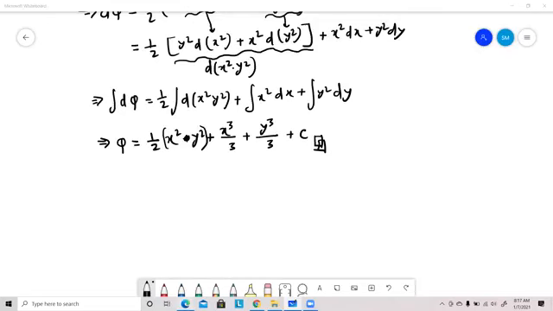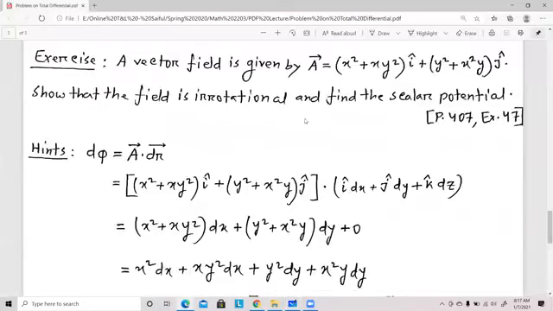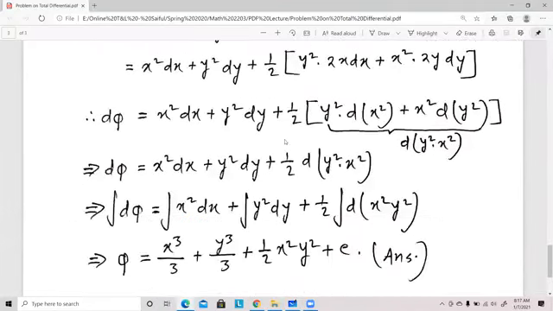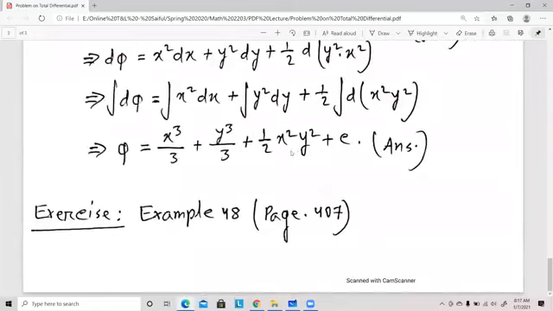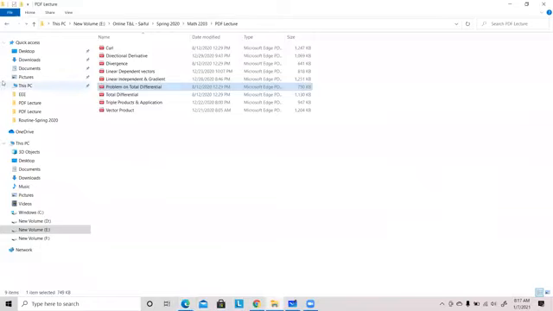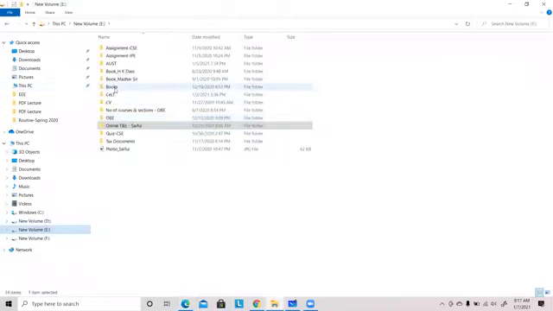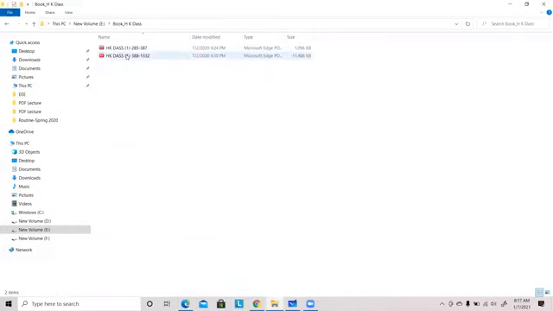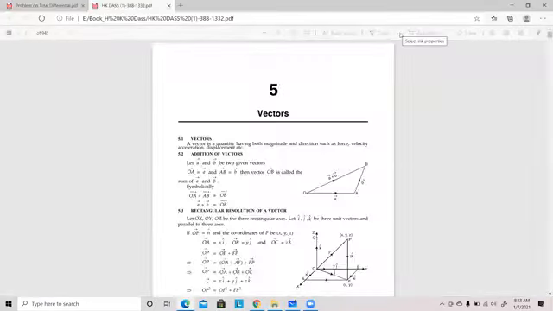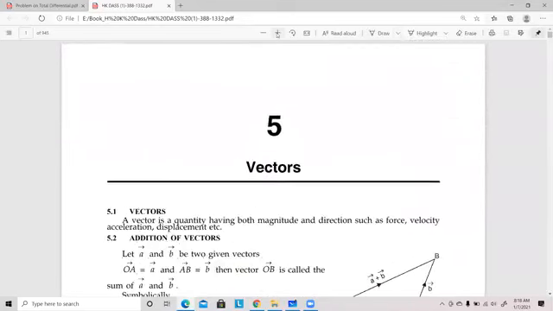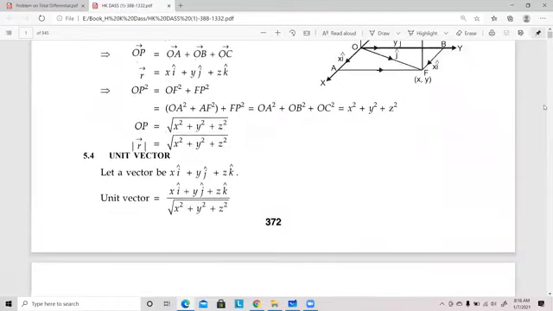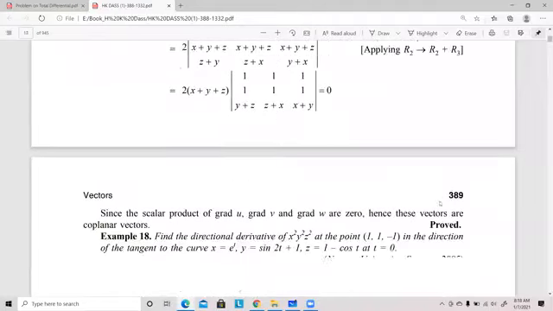Now if we go back to our lecture sheet, it was the exercise that we already solved. We found this. So now if we go to our reference book, HK Dass, in this chapter so far we solved problems which were algebraic.